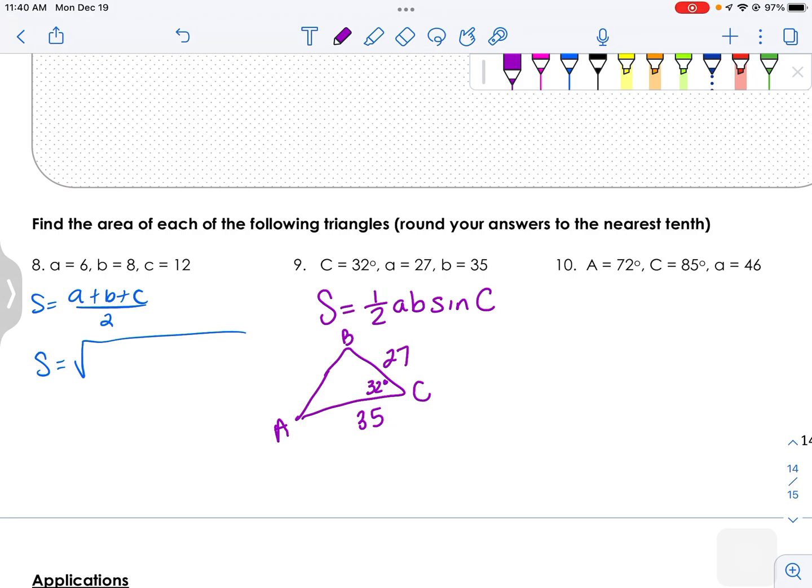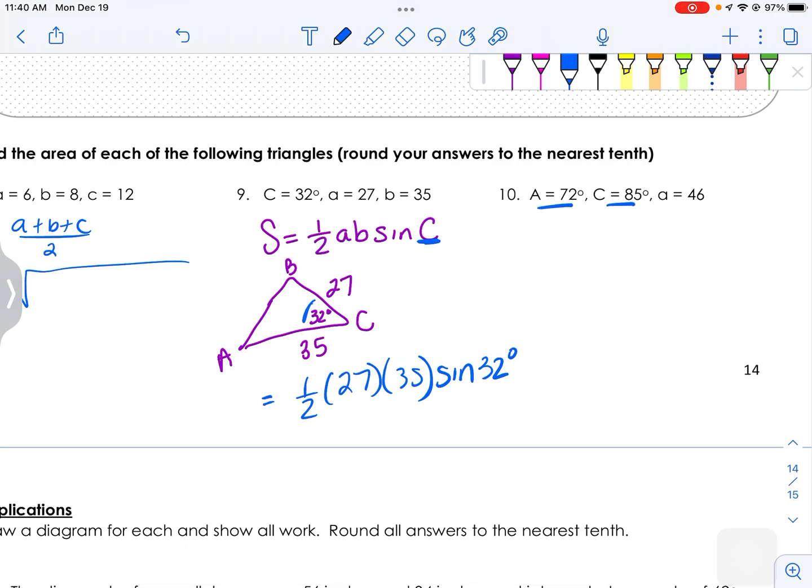You can see that the 32 is included between the 27 and 35. So you would do 1/2 of 27 times 35 times the sine of 32.